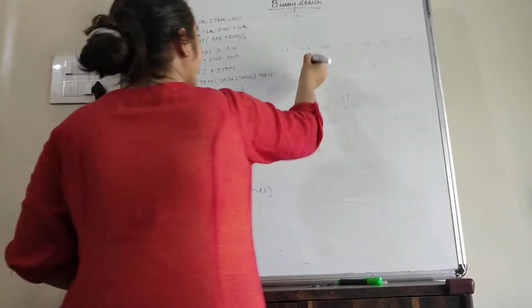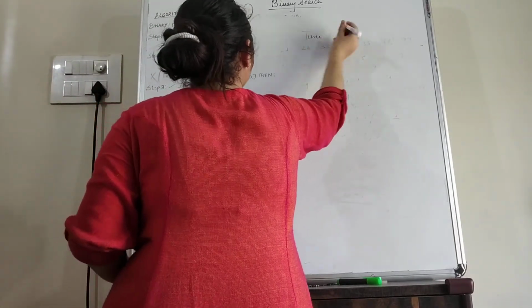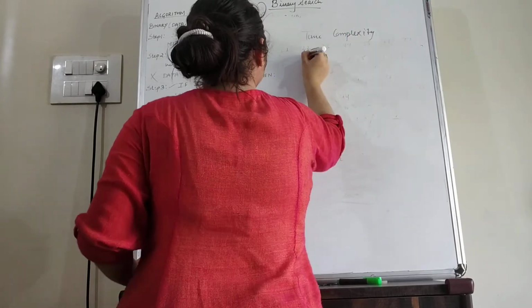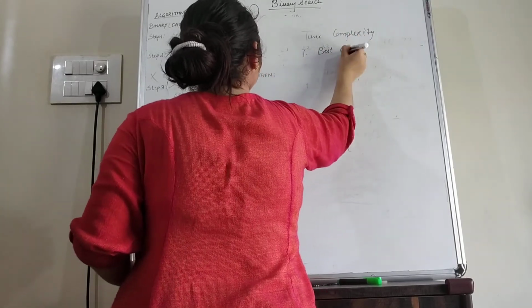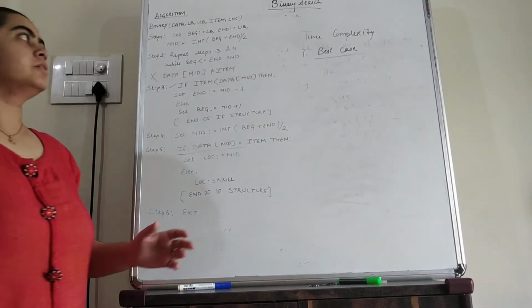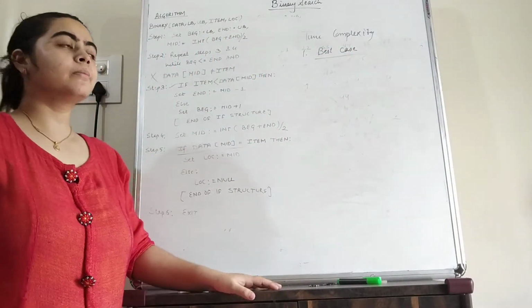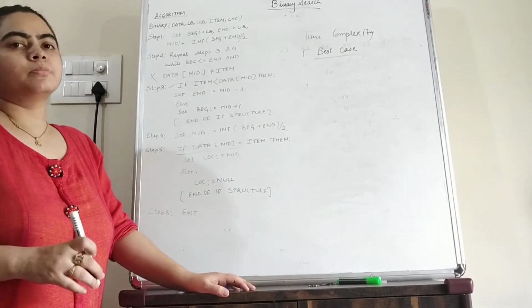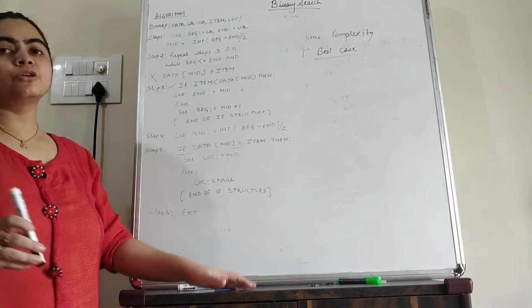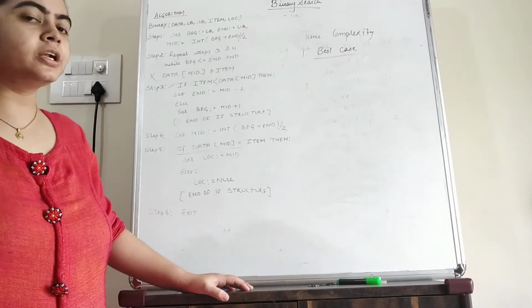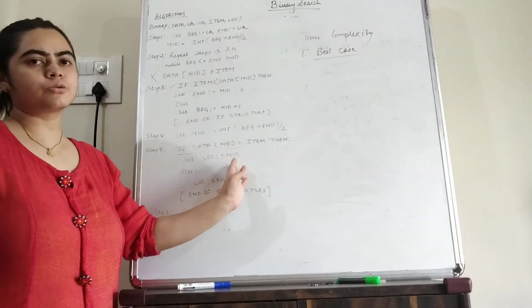Okay students, so in case of time complexity, first is best case. Best case means if the item is present in the mid, that is the best case. Why? Because initially after sorting the array we can search the mid, and then the value will be compared with the value of the mid. If the value is present in the mid, then directly we can set location is equal to mid.